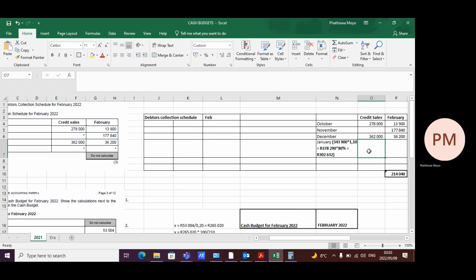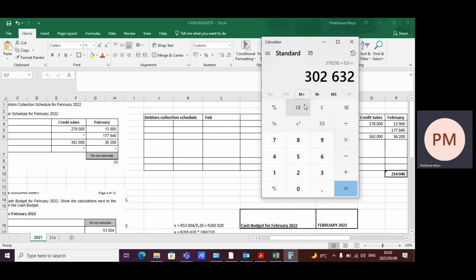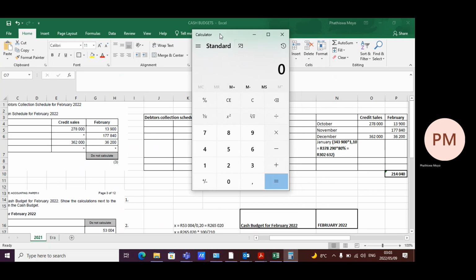Just trying to see something. This is not the cost of sales.